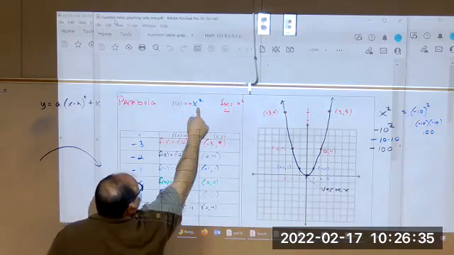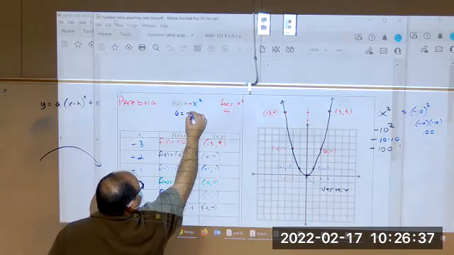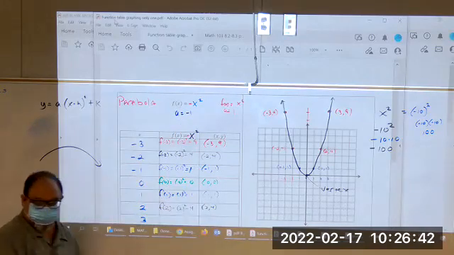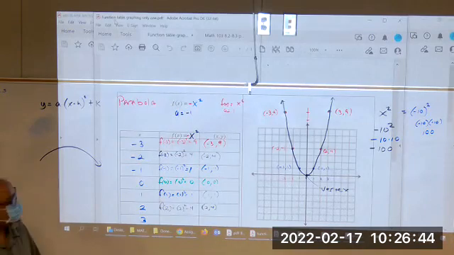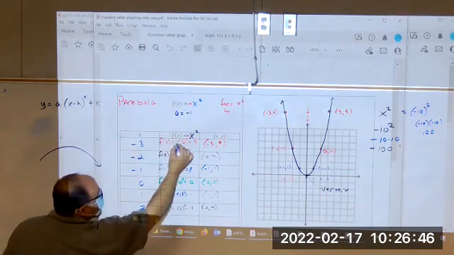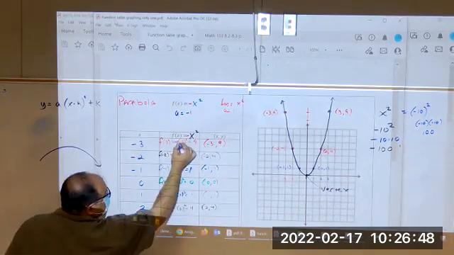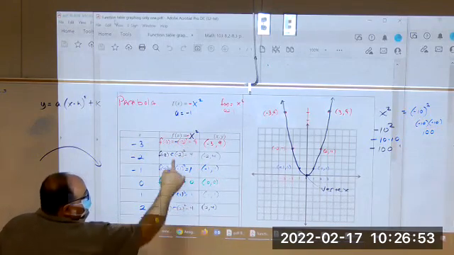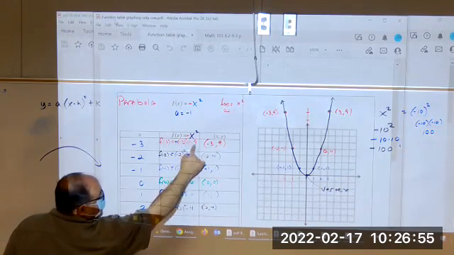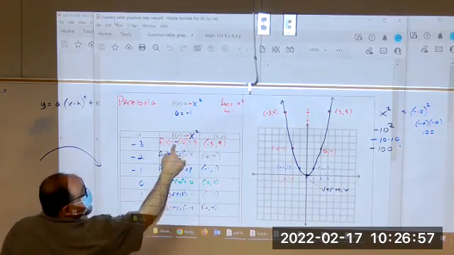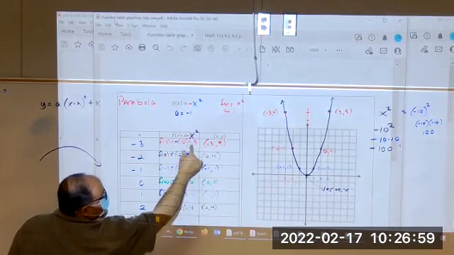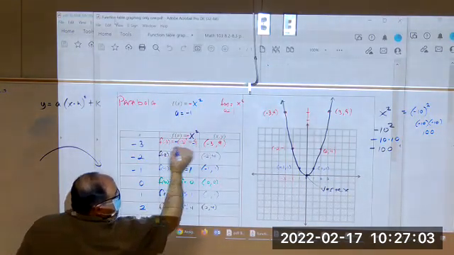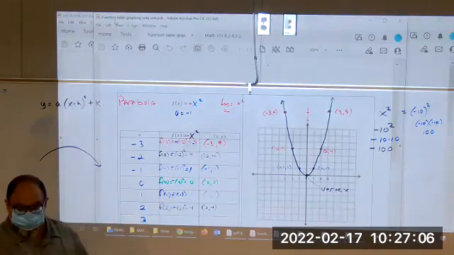Right now, in front of that square, a is negative 1 times that x squared. Look what happens to all of these answers. There would be negatives in front of the squares. So you would square the negative 3 and you get positive 9, but then there's a negative out in front. So it changes the answer from positive 9 to negative 9.